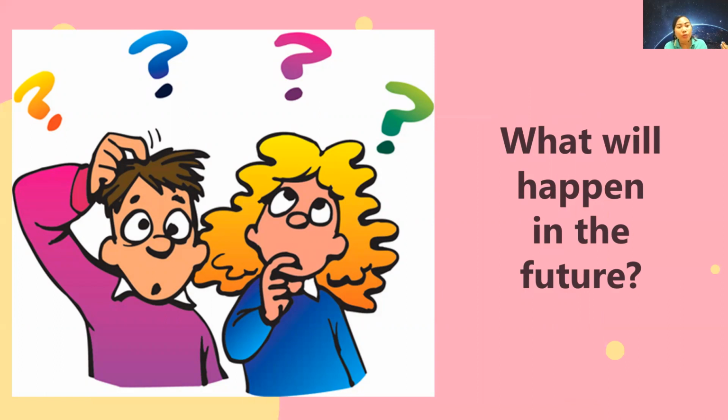Am I going to get taller tomorrow because I slept early today, or I drink milk every day, I will become stronger. So what will happen in the future? So you predict things, making a hypothesis, making a guess. You are guessing what will happen next, okay?